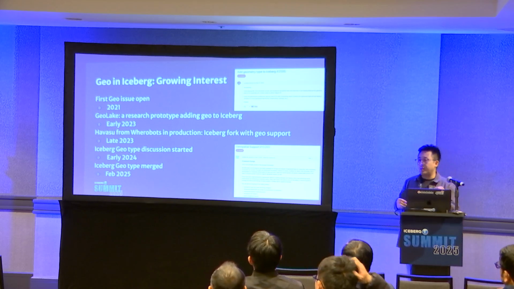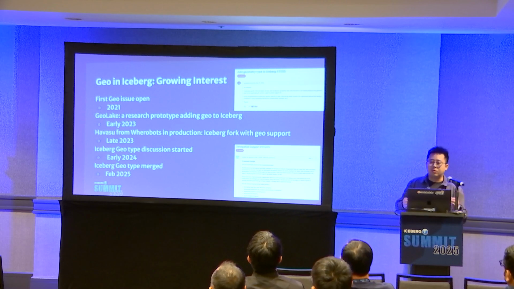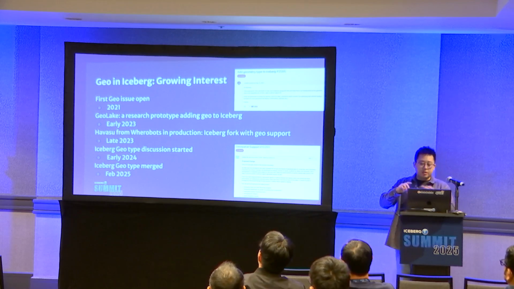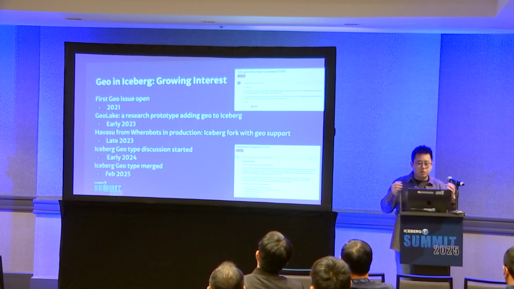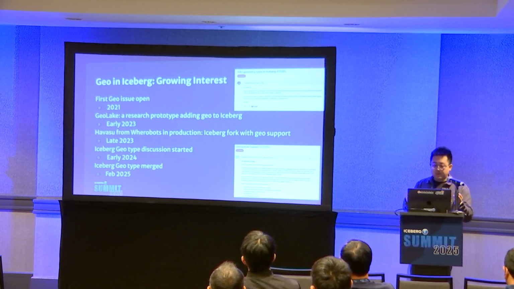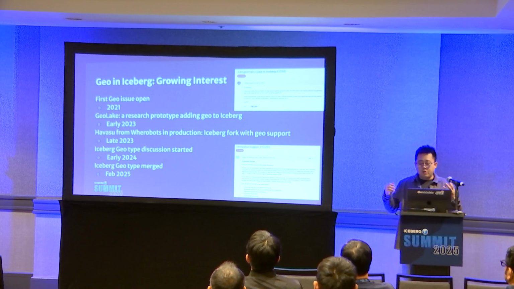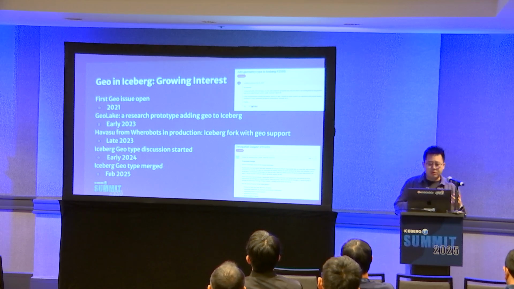The first ticket about supporting geo in Iceberg was created in 2021, and around 2023 there was the GeoLake project, which created a research prototype adding geo to Iceberg. And in late 2023, there was Havasu from my company, Wherobots. It created geospatial support in a fork of Iceberg, and we put it into production.